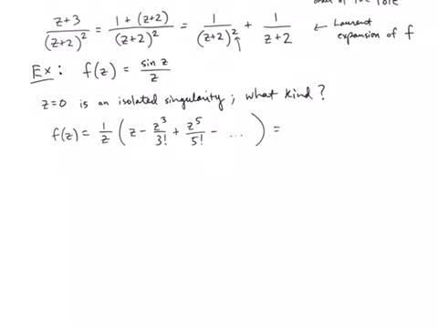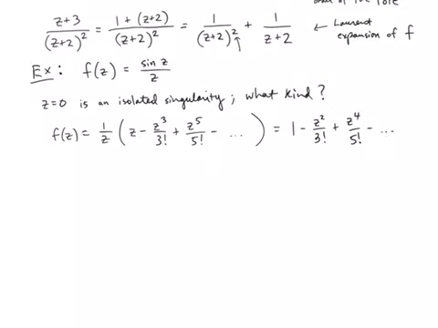And that is 1 minus z squared over 3 factorial plus z to the 4th over 5 factorial minus dot dot dot.